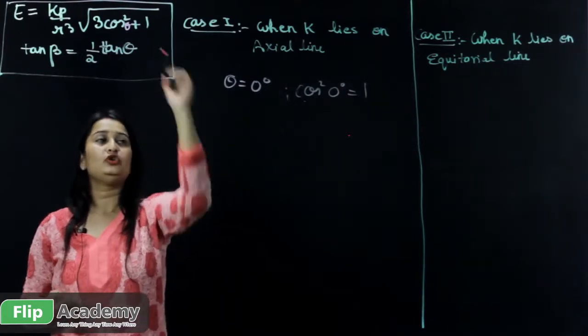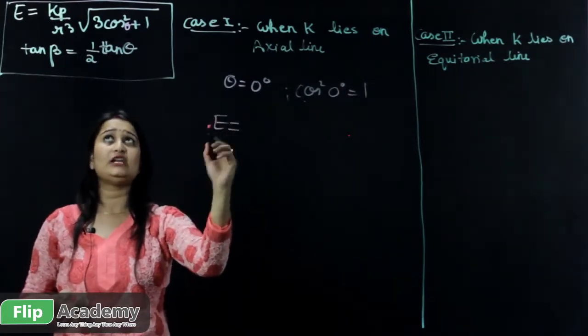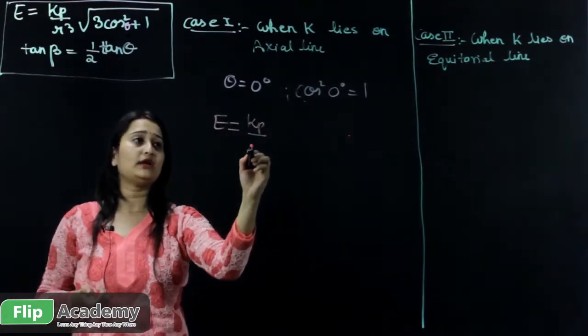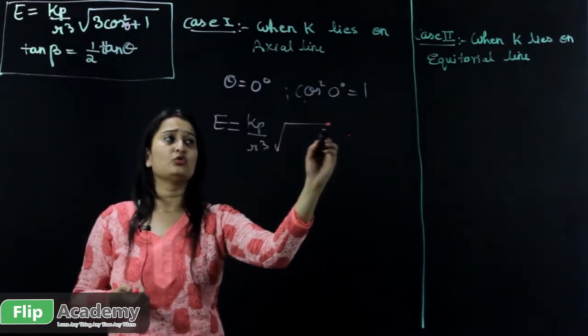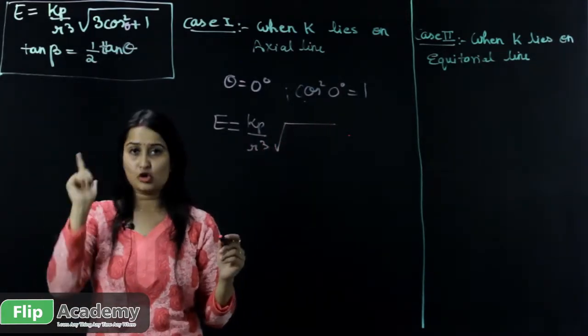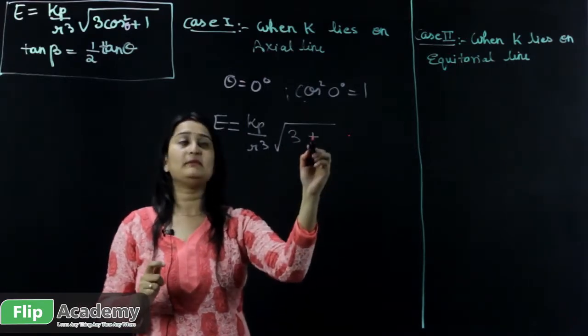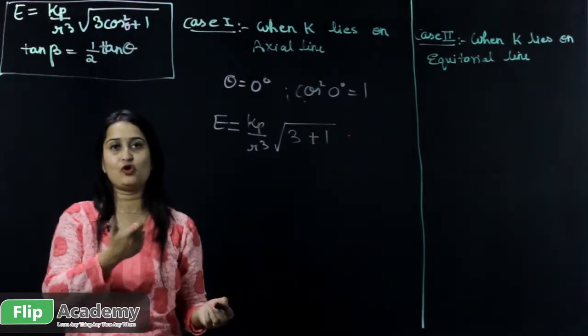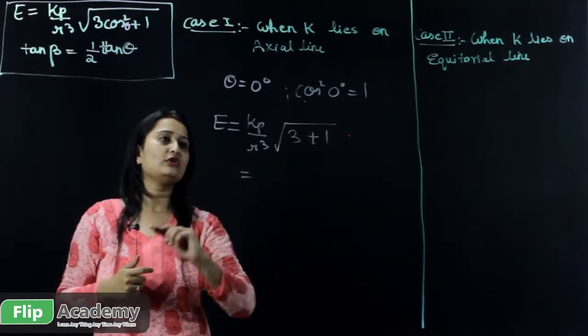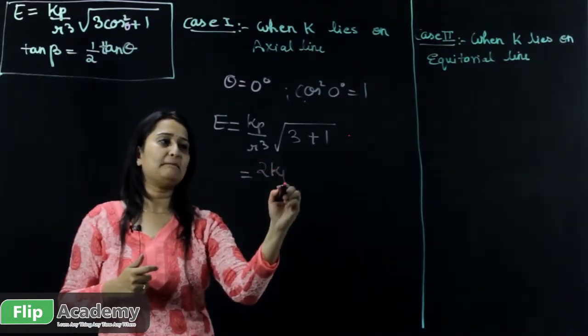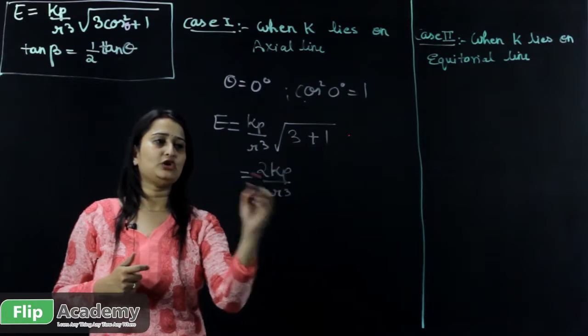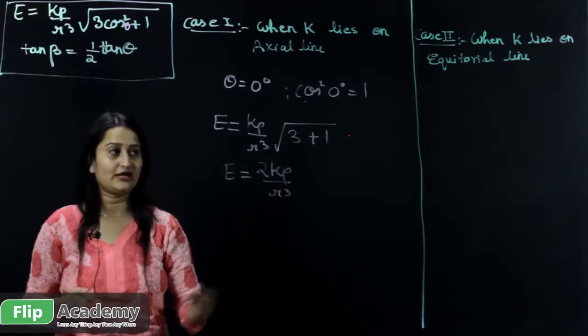Now put this value into the equation E = kp/r³ √(3cos²θ + 1). Cos²θ is 1, so the value turns to 3 plus 1, 4, under root, so it becomes 2. So the value turns into 2kp/r³. This is the electric field intensity along the axial line.